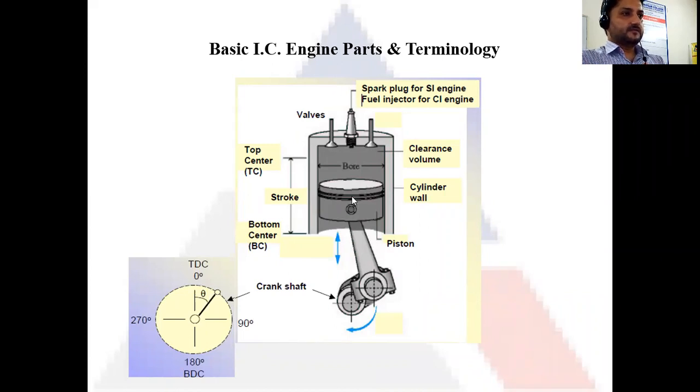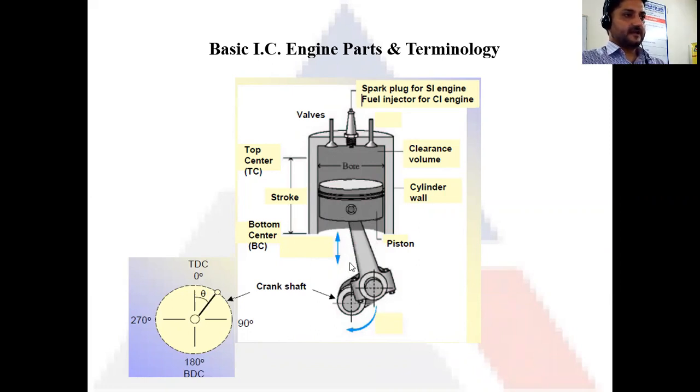Now, when the piston moves, it reciprocates up and down from top dead center to bottom dead center, bottom dead center to top dead center. This reciprocatory motion is converted into rotary motion at the crankshaft with the help of this connecting rod. When the piston is at the top dead center, the connecting rod will be at the topmost position here.